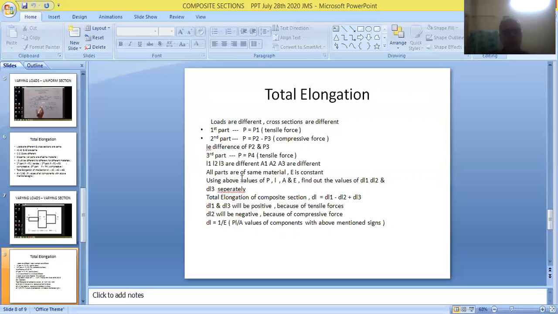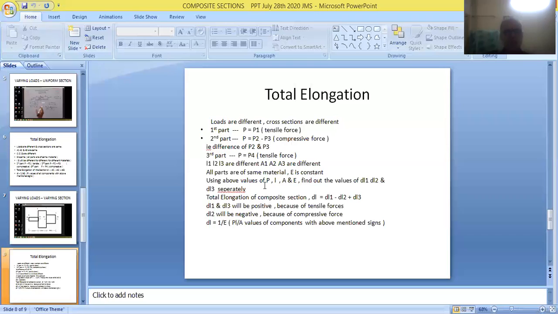The L1, L2, L3 are different as shown in the figure. And my dear students, A1, A2, A3 are also different. That's why they are called varying cross sections. Different loads are acting on different components, so they are also called varying loads.